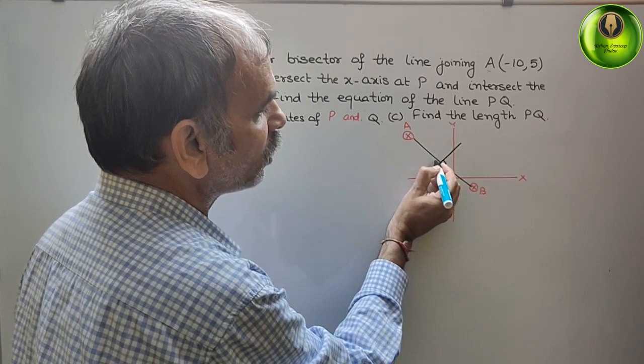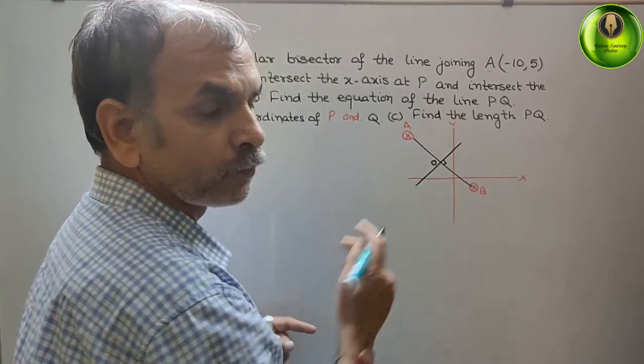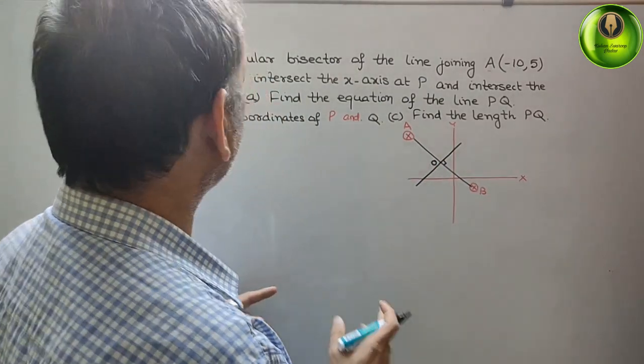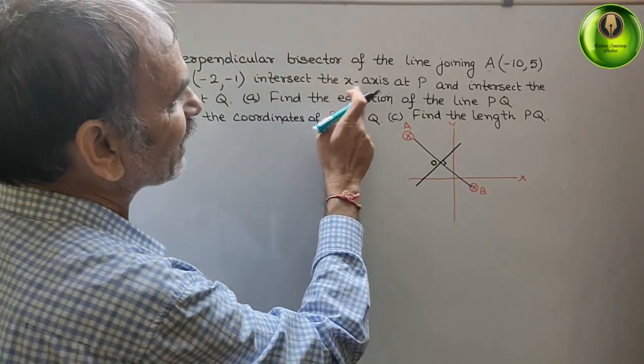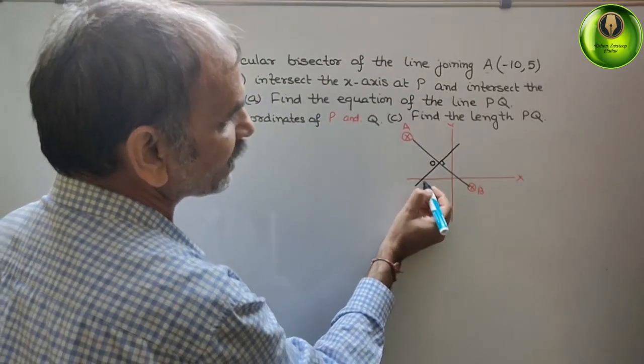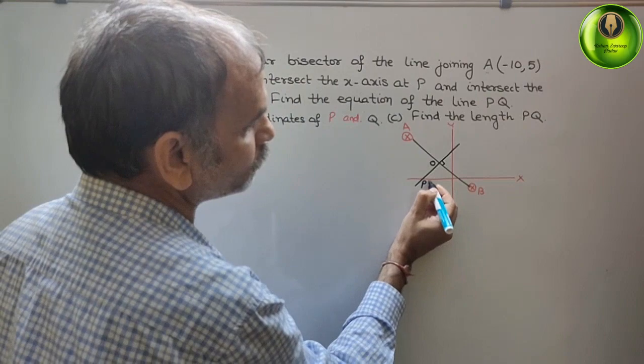Suppose this is your O point. And they have told us it intersects the x-axis at P. This is the x-axis, this is the P point.